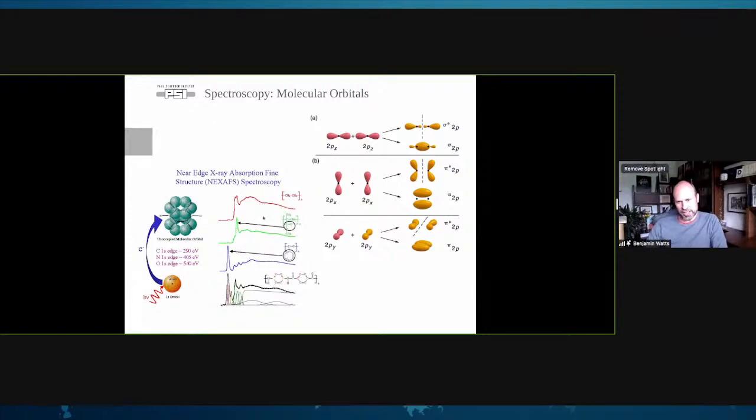So here we have a few examples of some molecular structures, like polystyrene has a lot of phenyl rings, and because of this, it gets a very strong pi star resonance peak at this energy of about 285 electron volts. When we have a carboxyl group, we get a peak at about 288 eV.